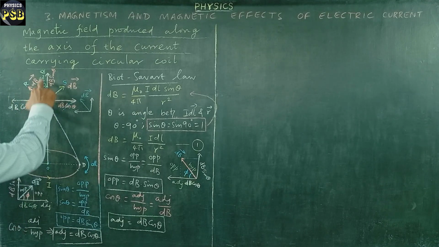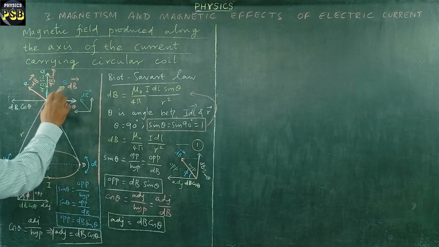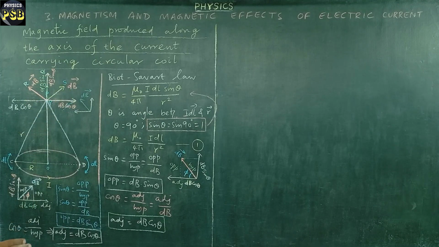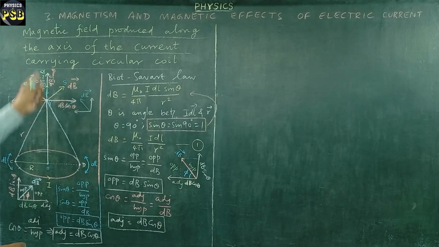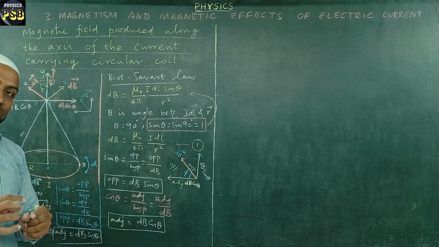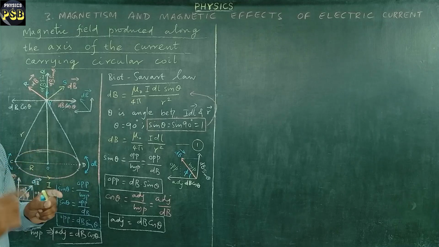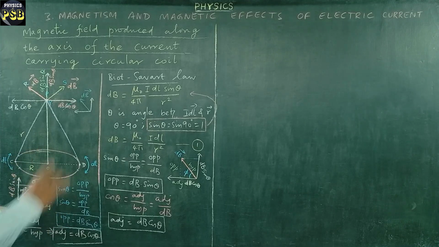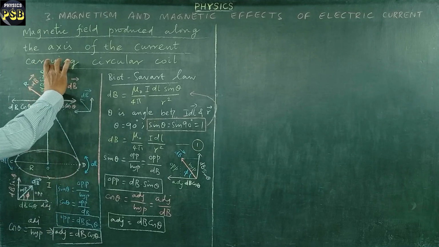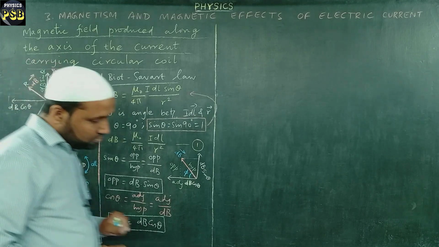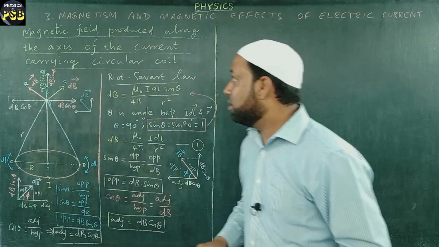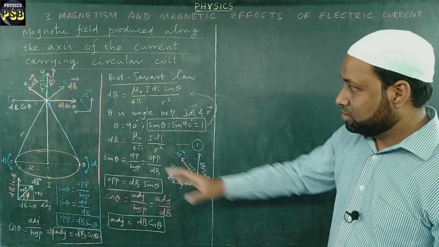Whereas dB sin theta and dB sin theta of this part both act along the same direction, and also they are in the same line. So this component of the dB vector alone contributes to the magnetic field. Got it?